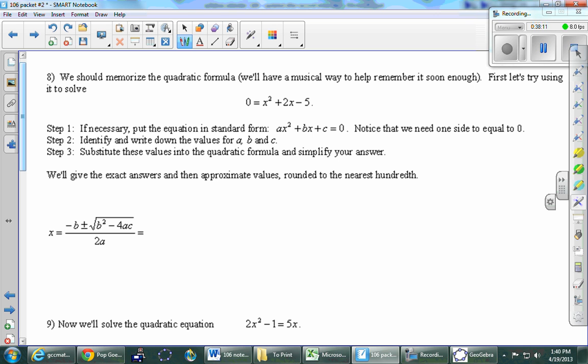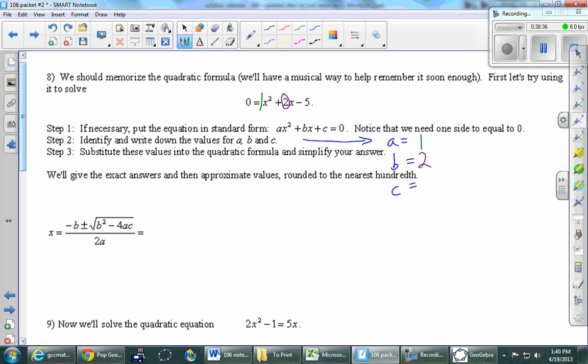Step 2 is identify and write down the values of a, b, and c. Now, to be honest, with some practice, you really don't need to do this, but this is our first go at this, so we're going to be very detailed as we write down the a and the b and the c. A is always the number touching the x squared. What is it? It's 1. B is always the number touching the x. It's 2.